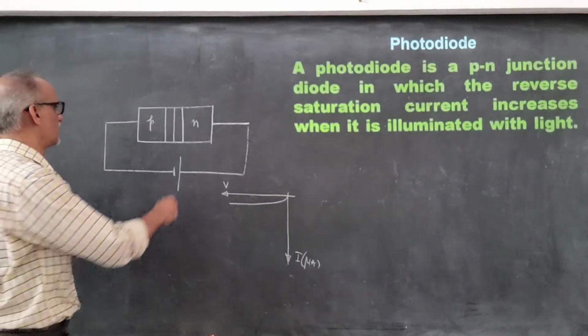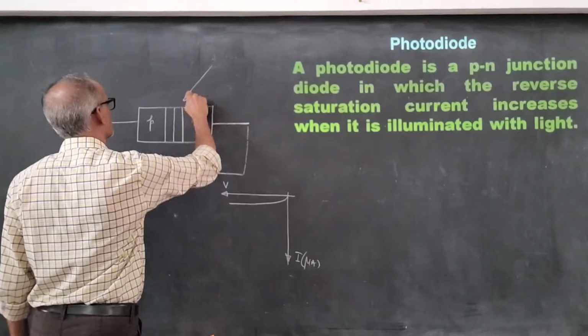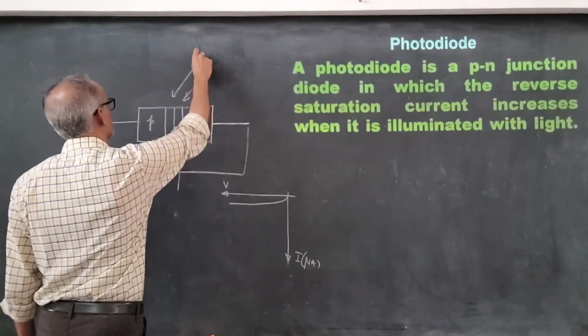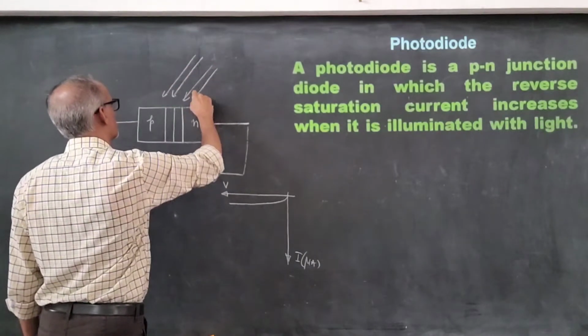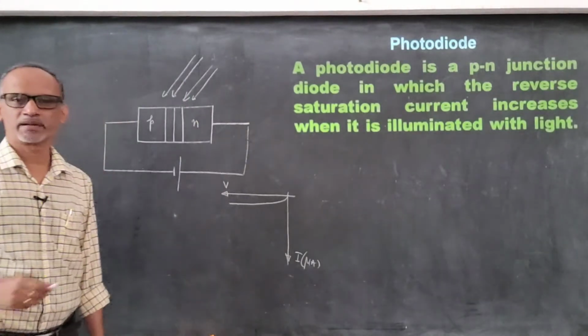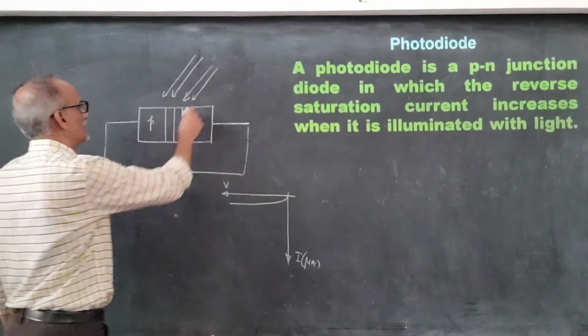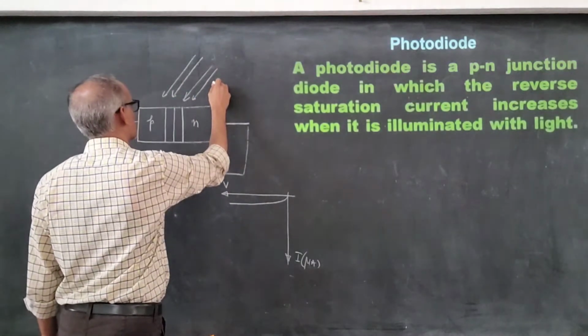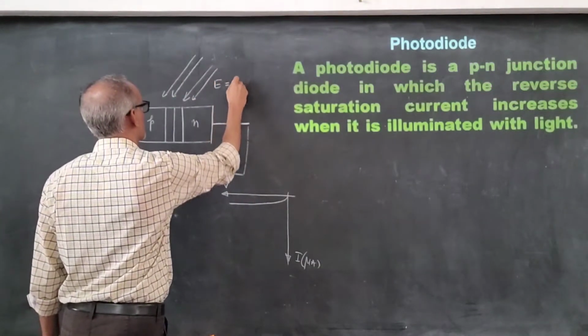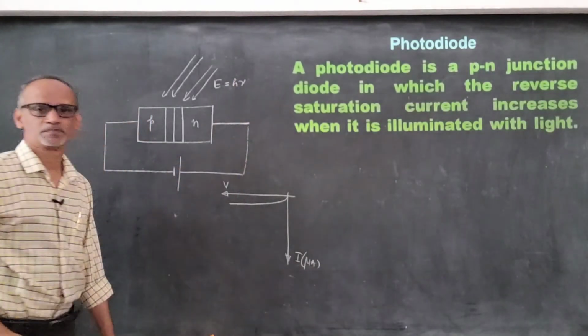Now, if I allow light or suitable radiation to fall near the junction, then this radiation consists of photons carrying energy equal to h nu.